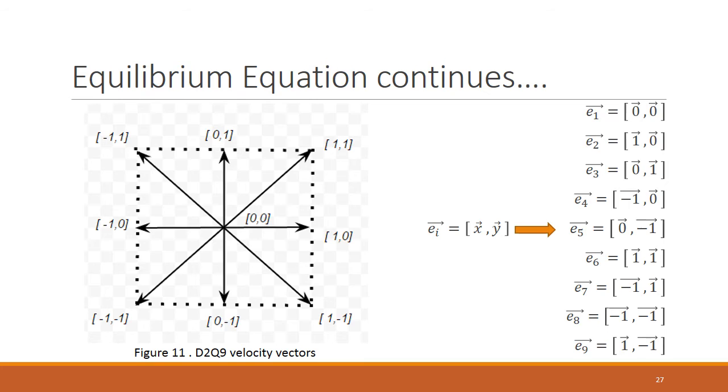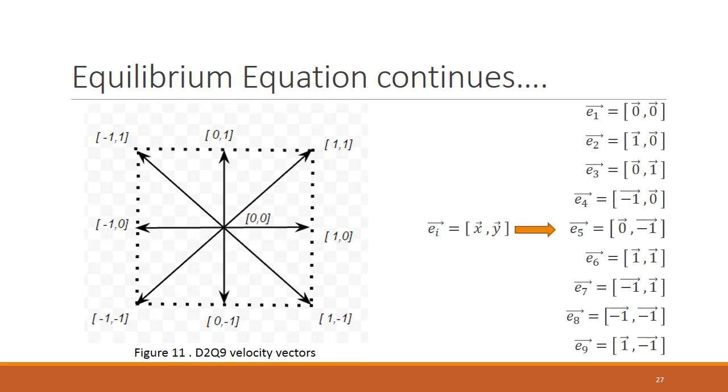In the equilibrium equation, every E, as in velocity, is defined in terms of x and y positions, or in vectors. So the one at the center is at 0, 0, and if you look at the 2, which is on the right side in the diagram, it's 1, 0.